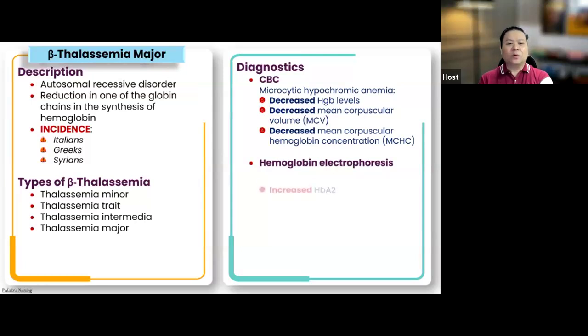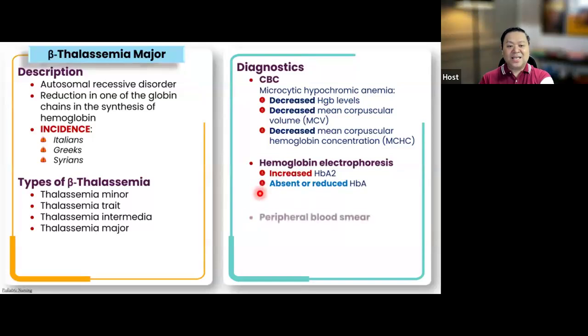Please take note here again, in the hemoglobin electrophoresis, increased HbA2. The patient will be diagnosed with a beta thalassemia major if it's greater than 3.5%. Also, the patient will have absent or reduced hemoglobin A, which is the normal.